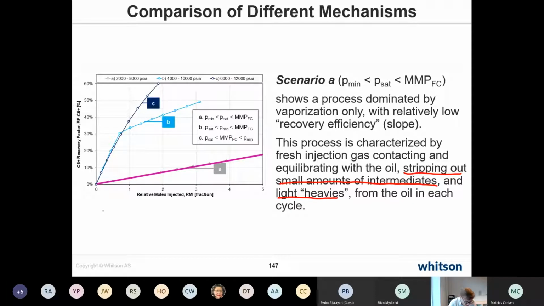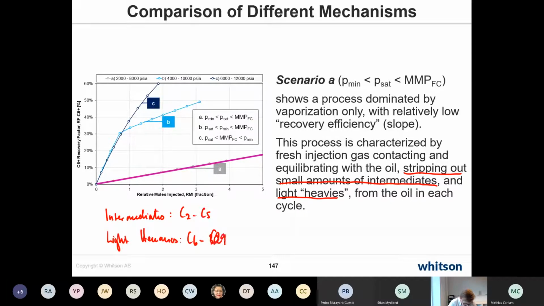Intermediates, just to make sure, when I talk about that, I think we can say probably C6 maybe to C30, let's say C29.